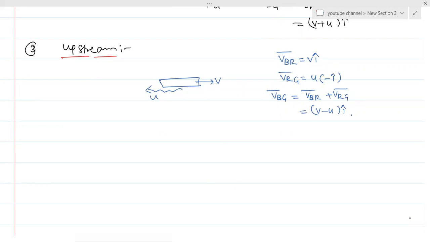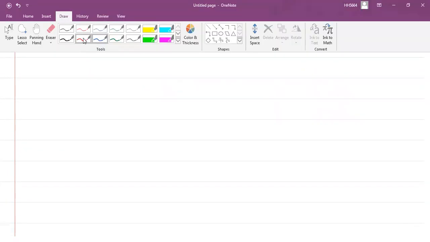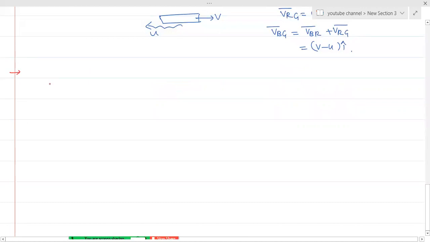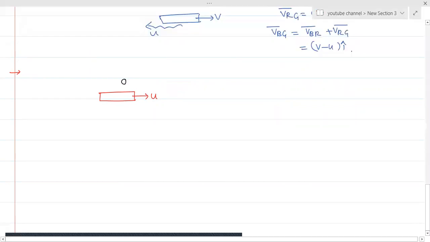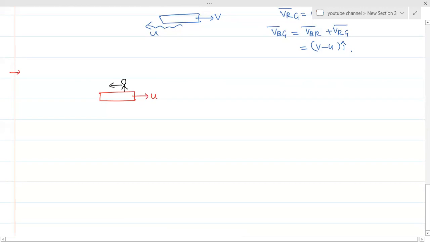After that, we will think of some more special cases related to Newton's laws. For example, we have a trolley moving with a speed u with respect to the ground, and a person moving with a velocity v with respect to the trolley.